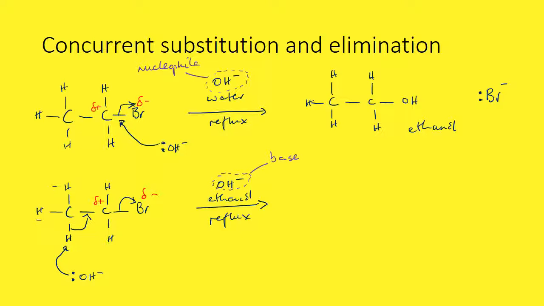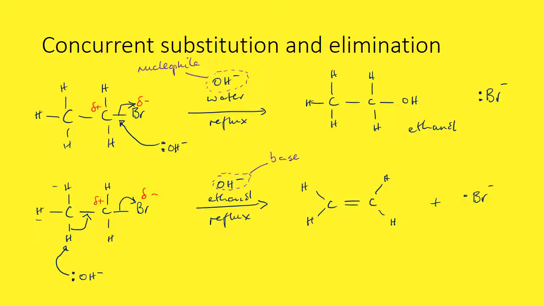So there's our 3 curly arrows for elimination, and what we're left with is a carbon with now 2 hydrogens on it, because one of them has been ripped off by the hydroxide base, but we've got a double bond in between our 2 carbons, and the bromine is gone, and as before, the bromine leaves.